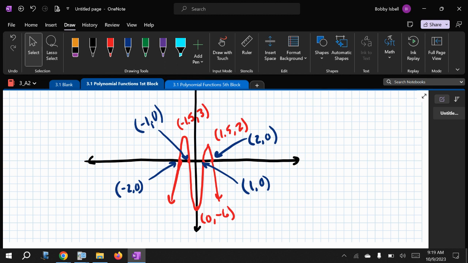Here's my next x-intercept, and it said it was increasing from 0 to +1.5. So that's how I knew that there was a maximum right here at 1.5. I picked 1.5, +2. I could have easily picked 1.5, +5. It doesn't matter as long as the y value is up here in the first quadrant. The x value has to be 1.5 though.